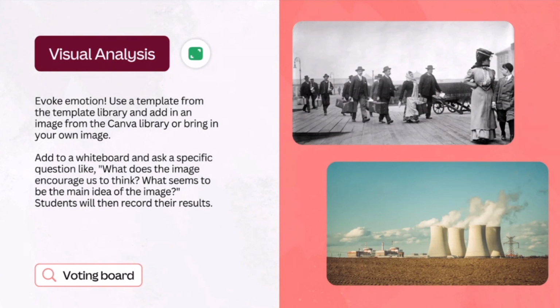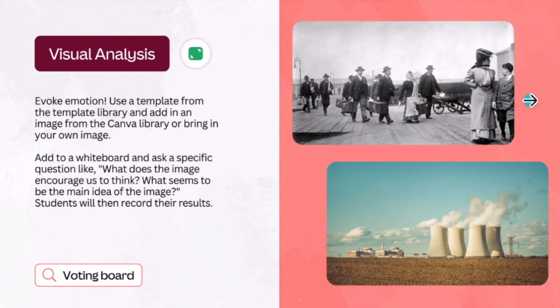Maybe you want to ask, what does this picture remind you of, or what do you know about this picture? So many different ways, depending on your content area and the grade level that you teach, that you could use photos to really engage your students in thinking and reflecting about the content that they are learning about.